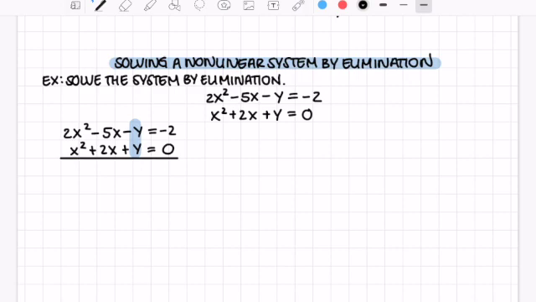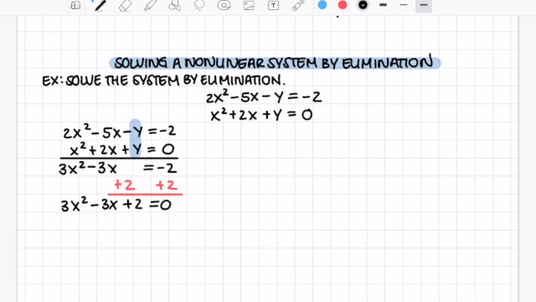So I'm left with 3x^2 minus 3x equaling negative 2. And so I can factor it out just like I did last time. I would add 2 to both sides first, and when I do that, I'm left with 3x^2 minus 3x plus 2 equaling 0.